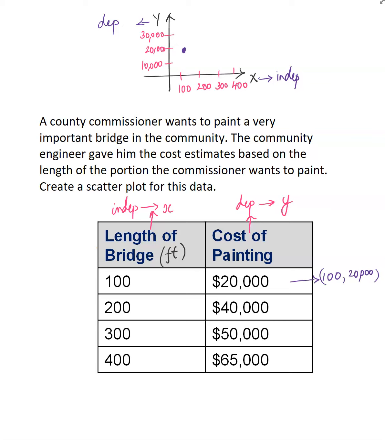So stay on Edit, go down to the first one, number 1, Edit. Go to L1 and enter this data in L1, the length of the bridge. This one goes in L1.